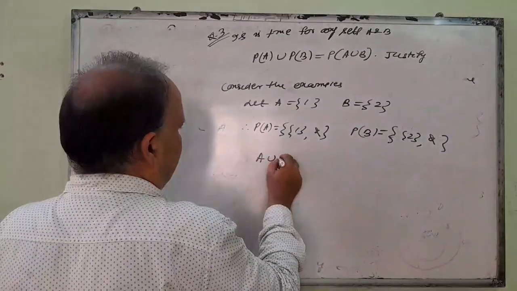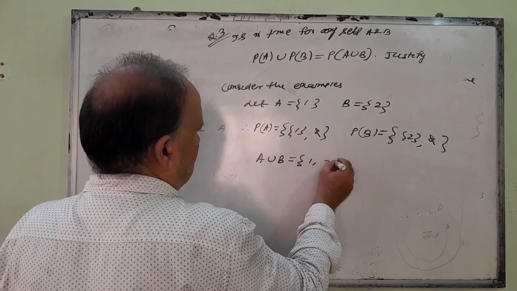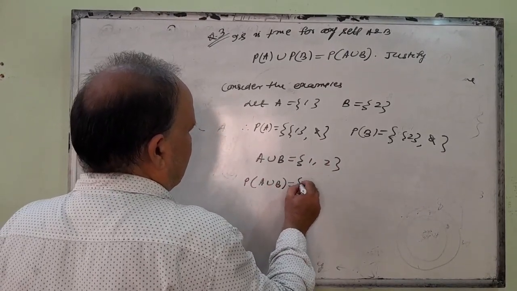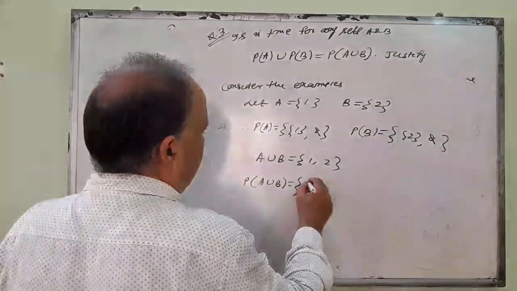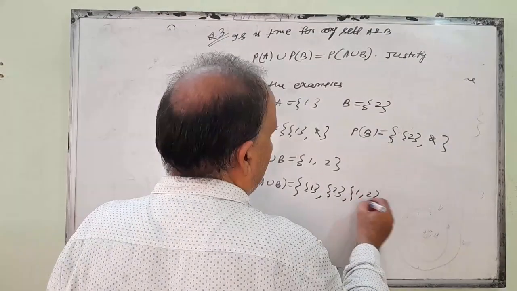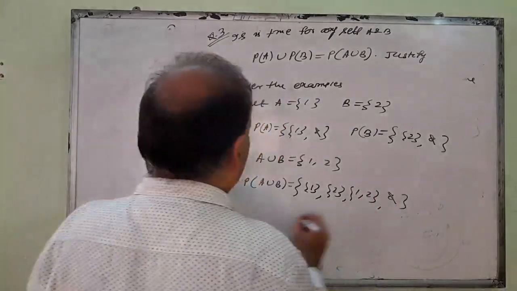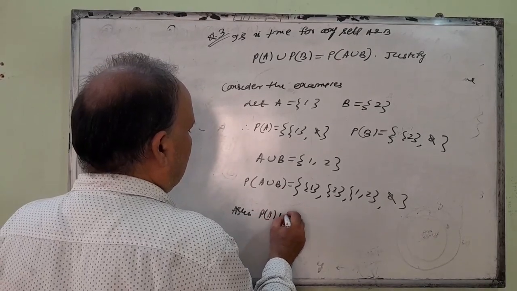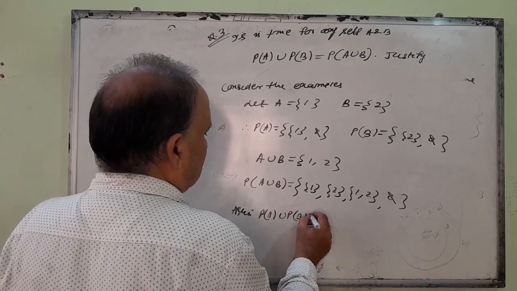A union B is equal to {1, 2, 5}. So P(A union B) has all subsets of it. Again, P(A) union P(B) is equal to what?